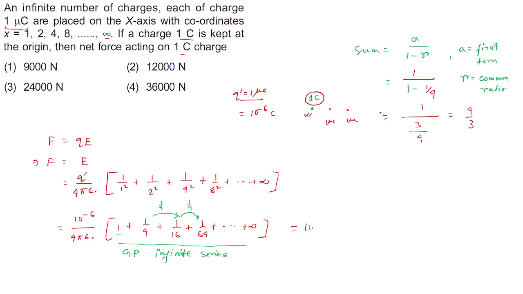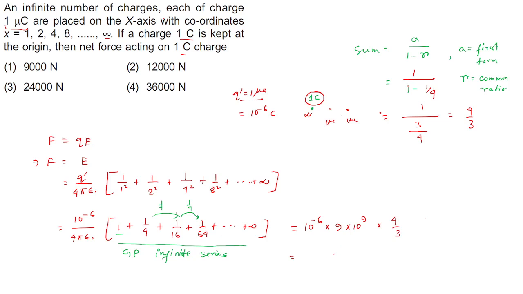So the value will be 10 to the power minus 6 multiplied by 9 into 10 to the power 9. You know the value of 1 by 4 pi epsilon naught is 9 into 10 to the power 9, and the sum of this infinite series is 4 by 3.